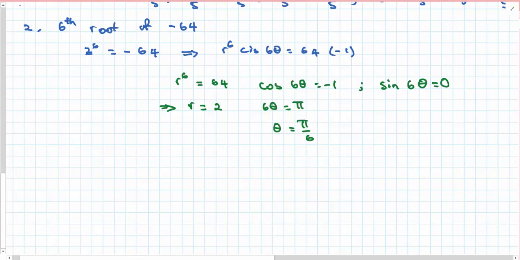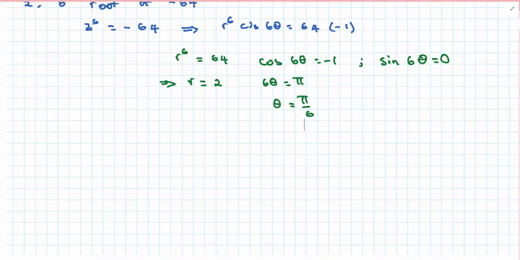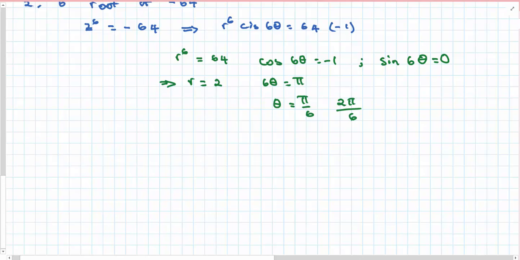Now I'm not going to draw an argand plane, we're just going to discuss this. If our base angle is pi on 6, we are looking for the sixth root, we need 6 solutions, therefore we need to divide the argand plane into 6 sections. That means we are dividing 2 pi into 6 sections.